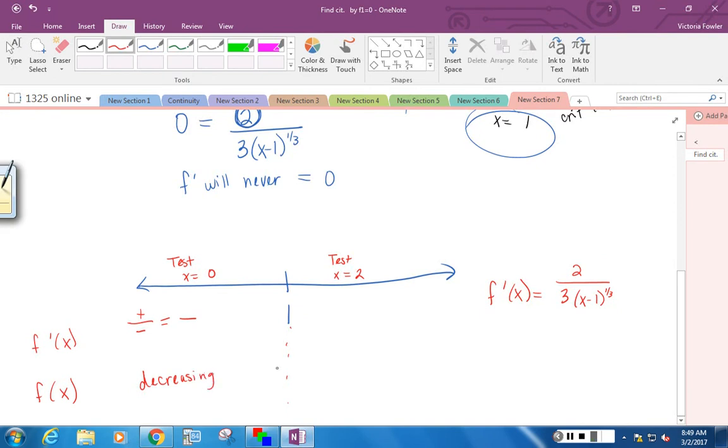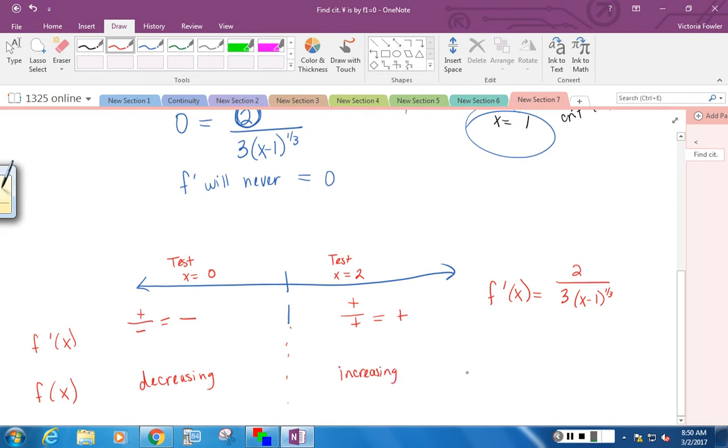And then I do the same thing when x is 2. So the numerator is going to stay that positive. If I plug in x to be 2, I'll have 2 minus 1. So I take the cube root of 1, that's positive, and a positive times a positive is a positive. I've got a quotient of a positive over positive, which is also positive. And so I have that our function is increasing over the interval.